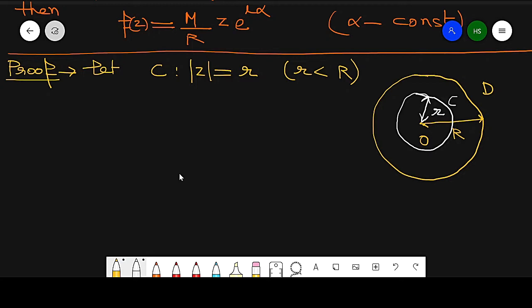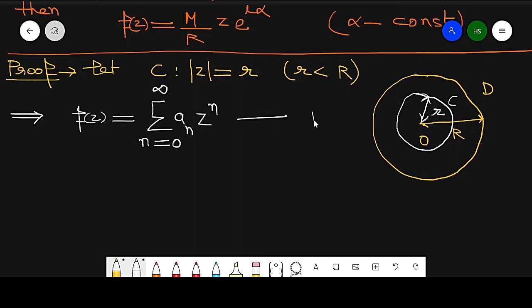Now, since the function is analytic in the given domain, we can expand by Taylor expansion. If we can expand by Taylor expansion, it implies f(z) is equal to summation of a_n z raised to power n, n running from 0 to infinity.